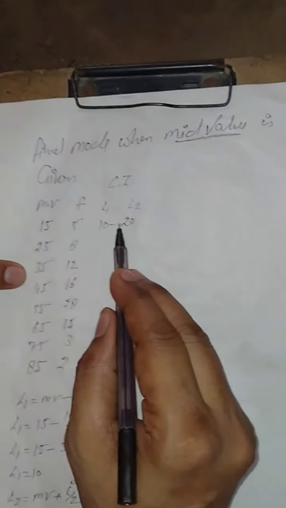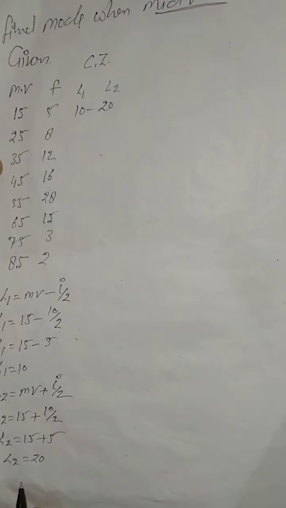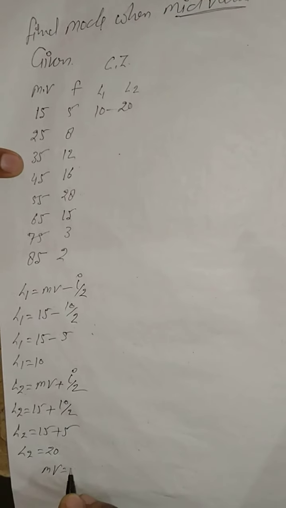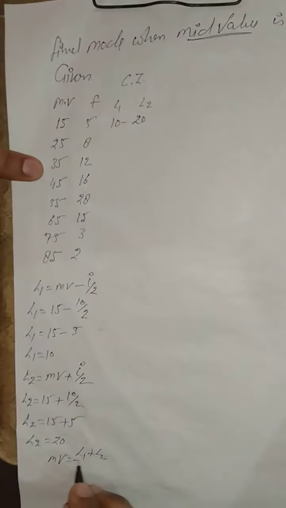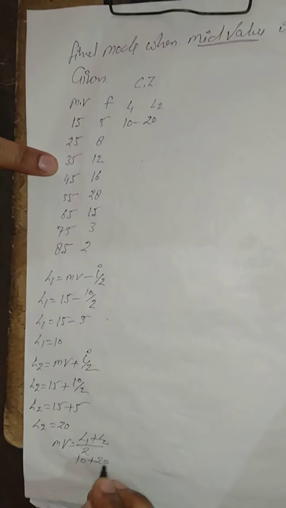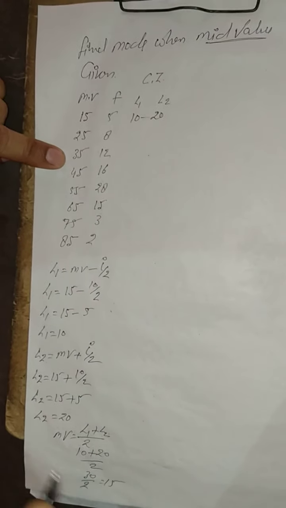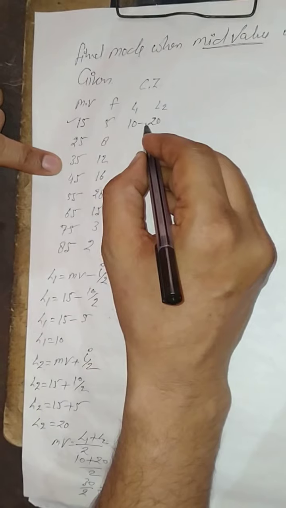The first class interval is 10 to 20. You can check whether it is right or wrong with the mid value: mid value is equal to L1 plus L2 divided by 2, so 10 plus 20 divided by 2 means 30 by 2 equals 15. That's your 15, so it is correct.